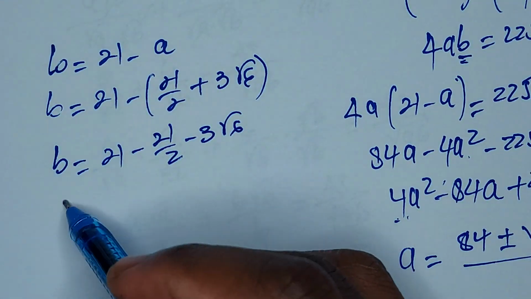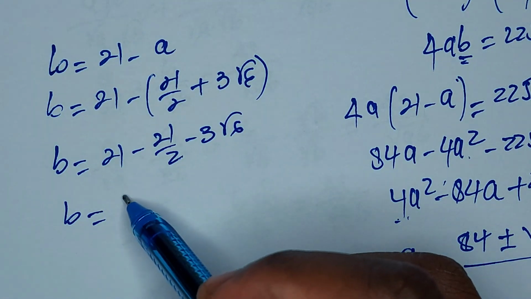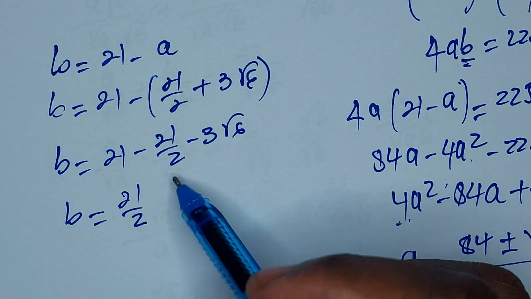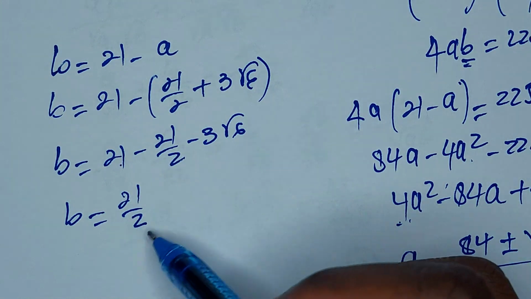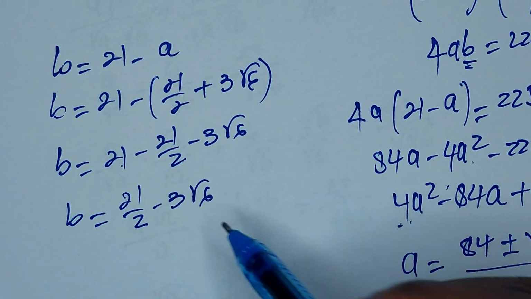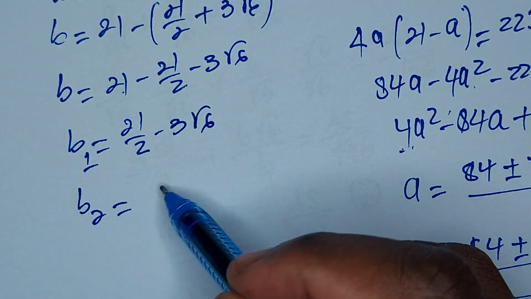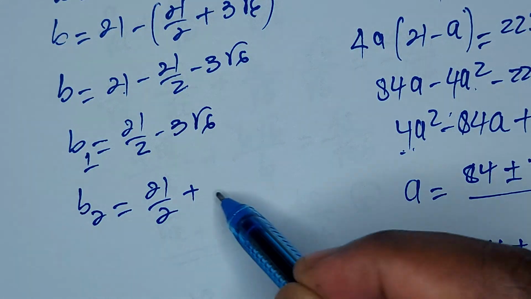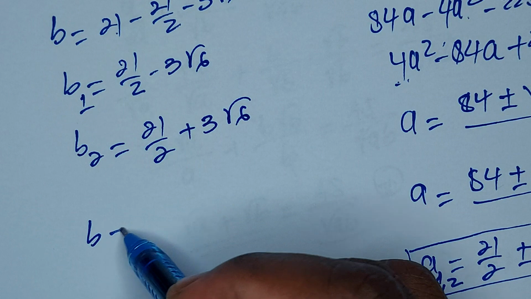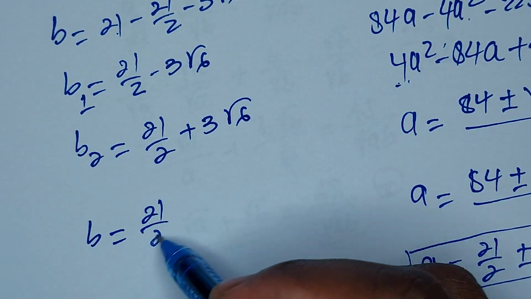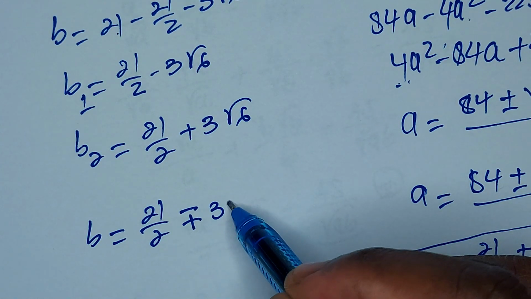So this is obviously 21 divided by 2, right? Because this would be 42 minus 21. This would be 21 over 2 minus 3 square root of 6. So solving the same way, this is B1, and B2 would be 21 divided by 2 plus 3 square root of 6. So our values of B would be 21 divided by 2 minus or plus 3 square root of 6.